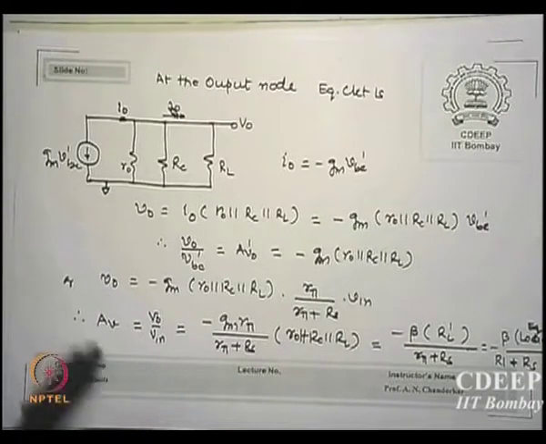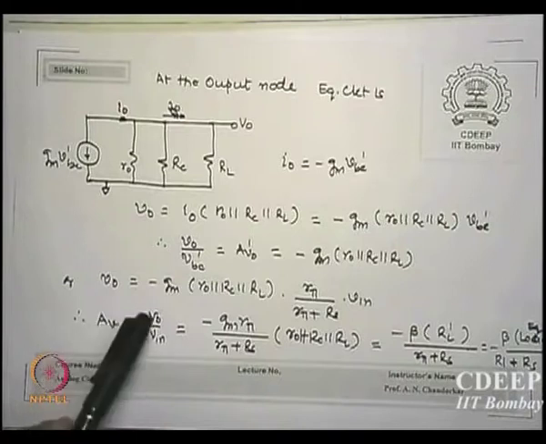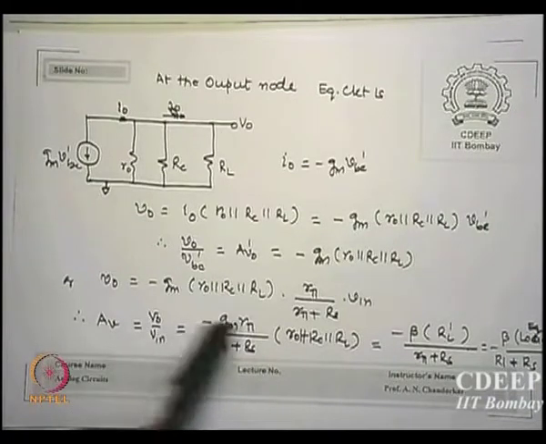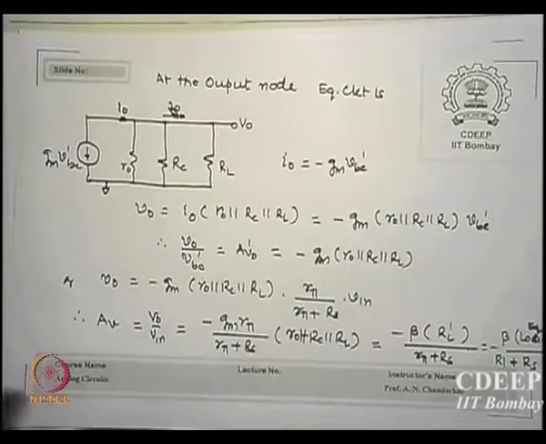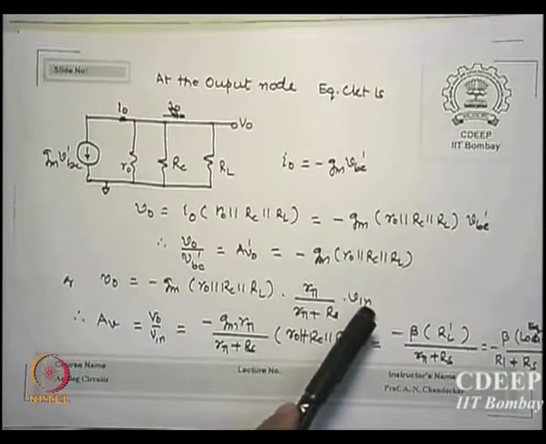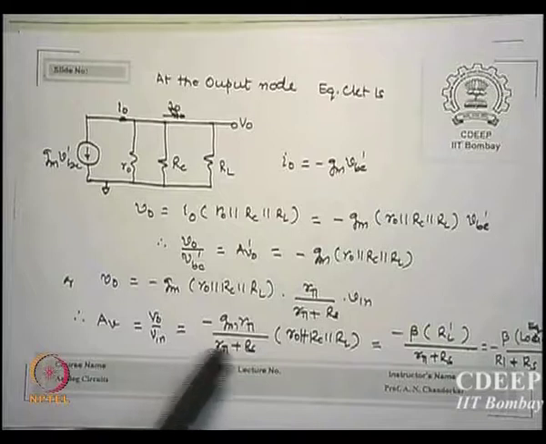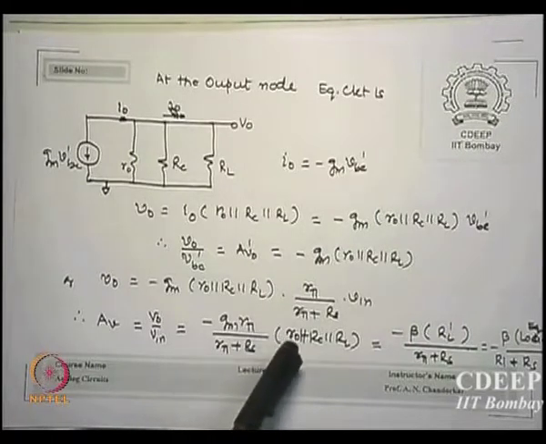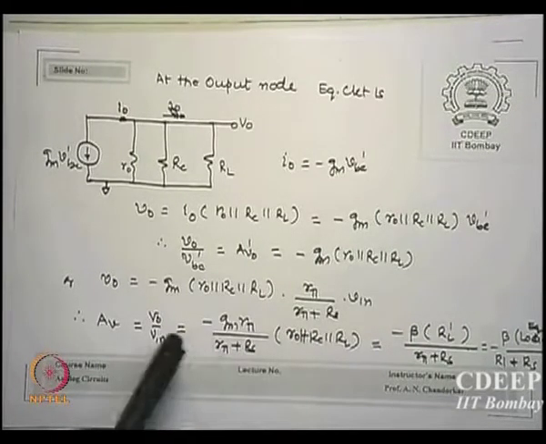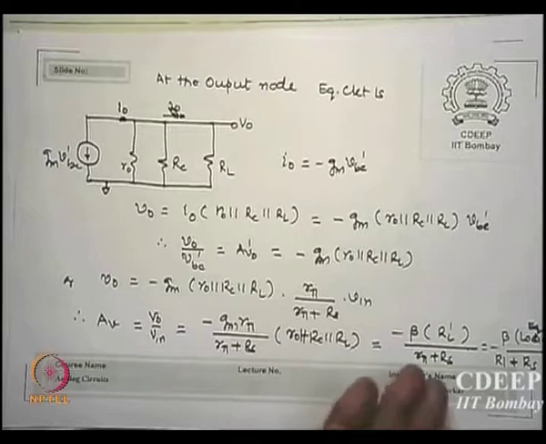Not with VB dash, but V0 by Vn. So I write Av equals V0 by Vn, just multiply by R pi upon R pi plus RS, since Vn gives VB dash. So V0 by Vn is minus gm R pi upon R pi plus RS, times R0 parallel RC parallel RL. What is gm R pi in bipolars? Beta.